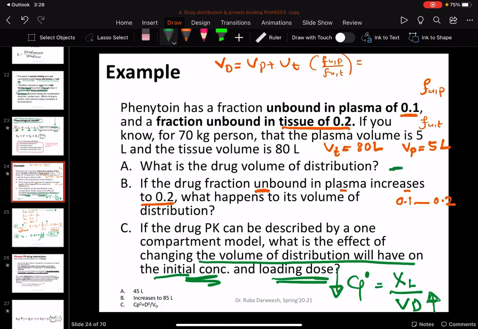Lower than the first case, for sure. So accordingly, this would need an increase in the dose that is taken, okay, to reach the concentration that we needed, okay?